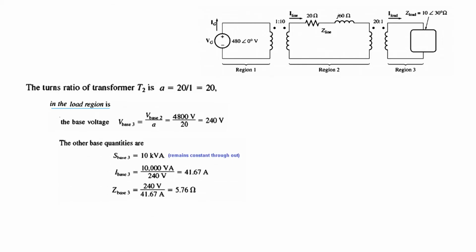And similarly now S base again remains constant, so we find I base and Z base by the same technique, S divided by voltage, we get I, and then voltage divided by current, we get Z. So we have found now all the parameters in the three regions.